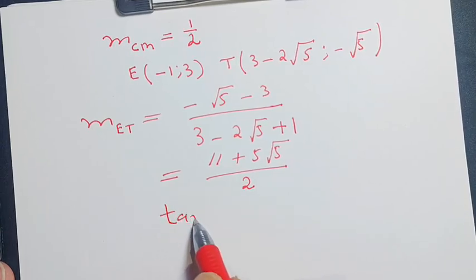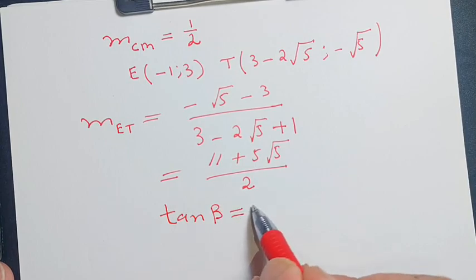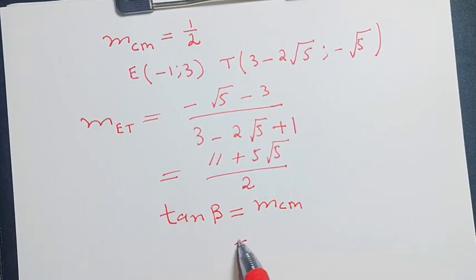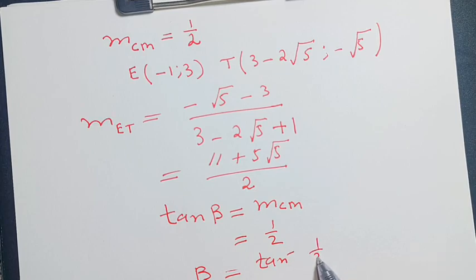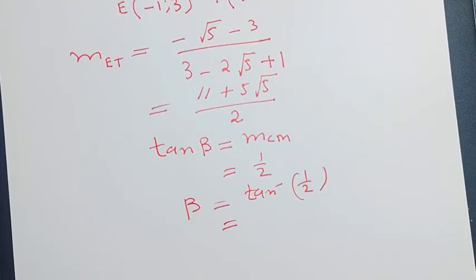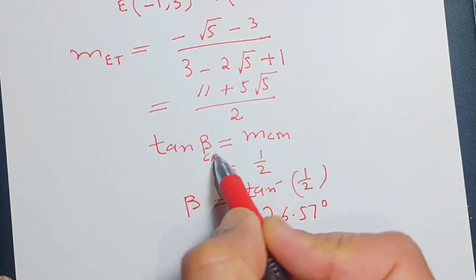Beta tan is going to be equal to the gradient of MC. We have got 1 over 2. So therefore beta is going to be equal to tan inverse 1 over 2, and that's going to be equal to, I use my calculator, 26.57 degrees. So that is beta CM.